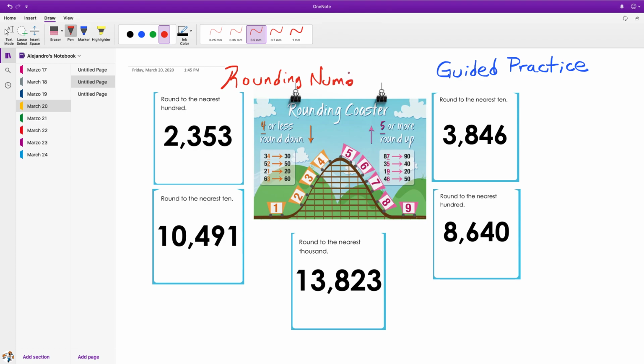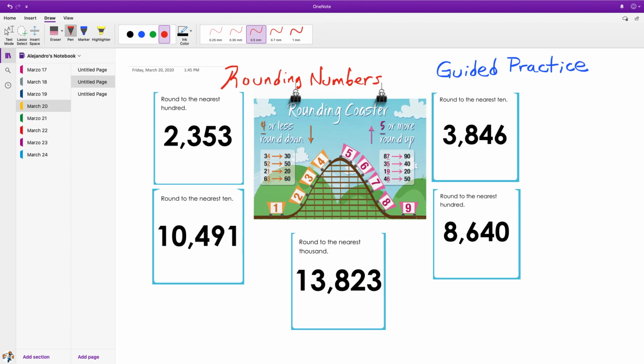The first thing that I want you to see, I know we have a lot of numbers around this picture, is the actual visual that I have in the middle of the page, because we're going to be using this one to remind us that digits that end with 1, 2, 3, and 4 go down, and the digits that have 5, 6, 7, 8, or 9 go up.